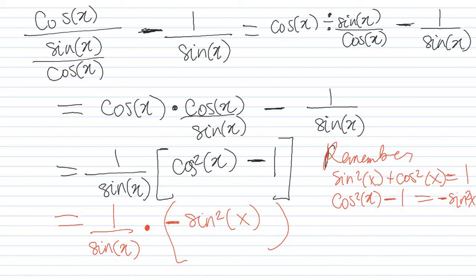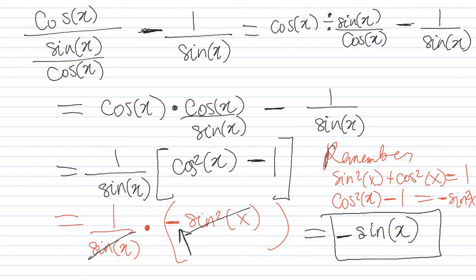And yeah, what we do now is cancel this out. When we cancel one of the sine x from the sine squared x, we have a sine, so our answer becomes negative sine x because of the negative here. So now this is the most simplified way we can get our work to be.